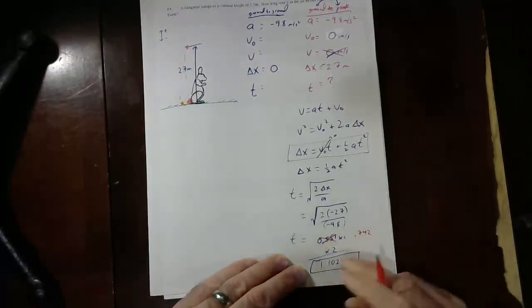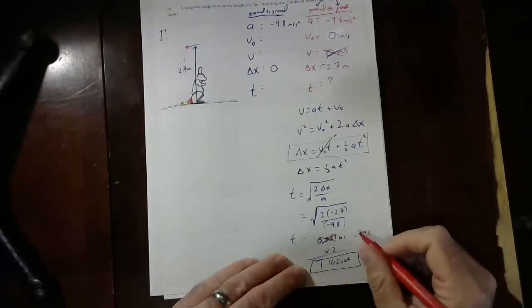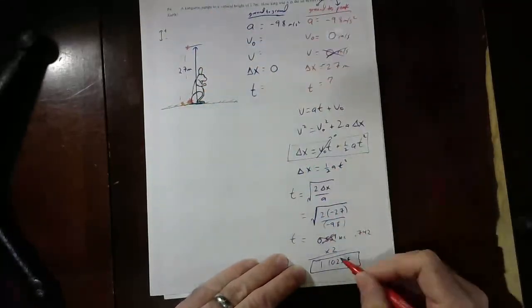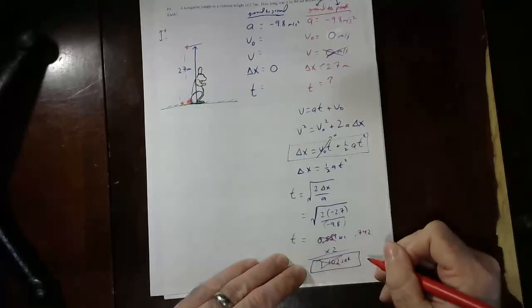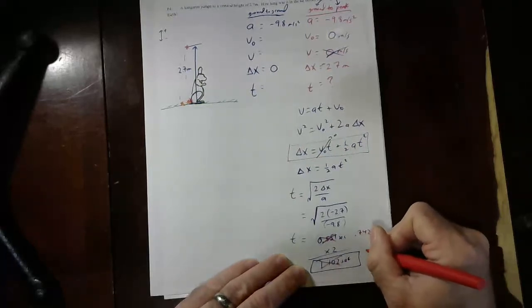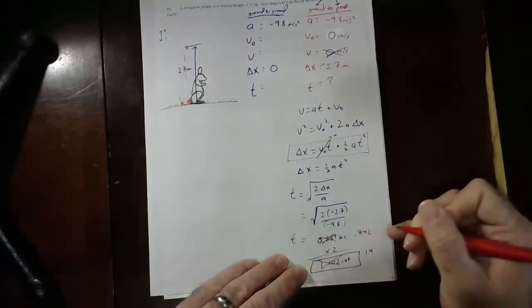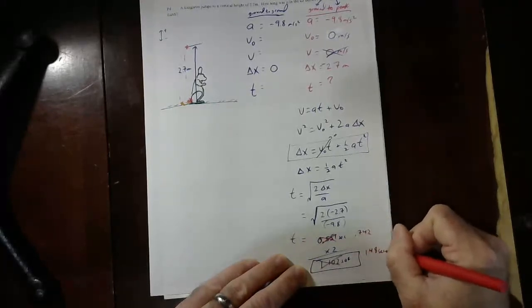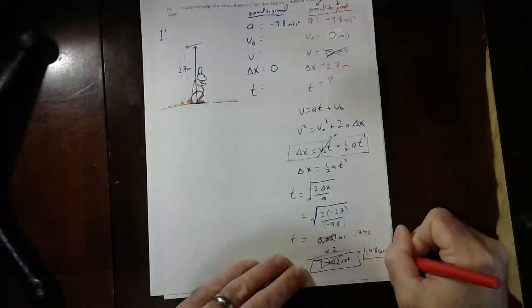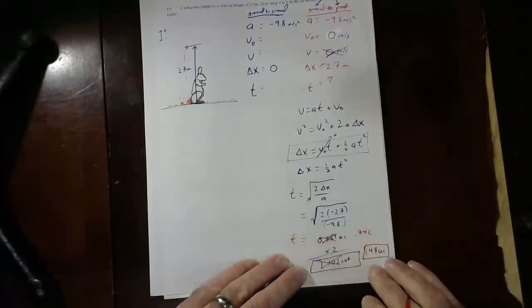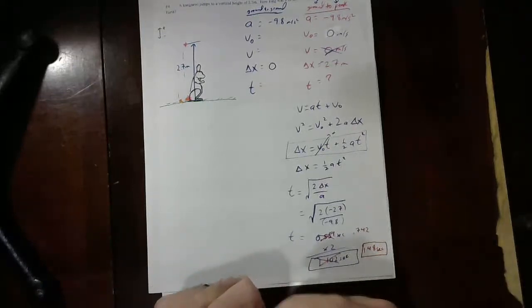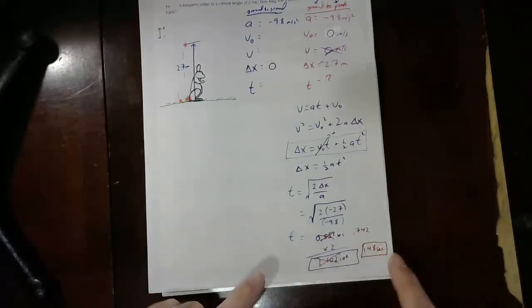And then I need to double that because we want the time to go up and down. And so when you do that, the answer that you get out is 1.48 seconds. Okay, and so that's the hang time for a kangaroo, 1.48 seconds. All right. Thank you, Miss Thomas, for pointing that out. Okay, so there you go.